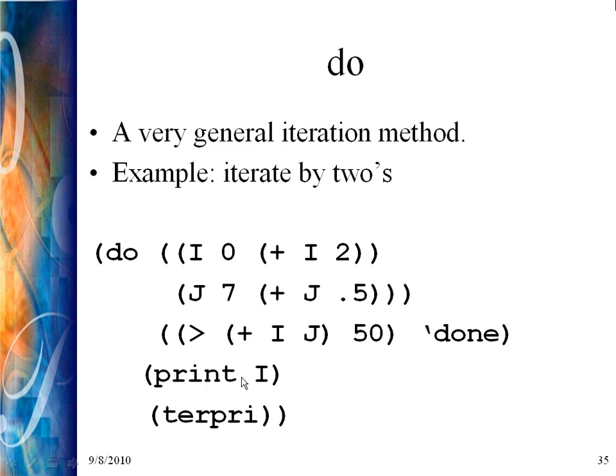You print i, which is 2, and it continues doing this, probably 16 or so times, until that value is actually bigger than 50, at which case the body is not run and you're done.